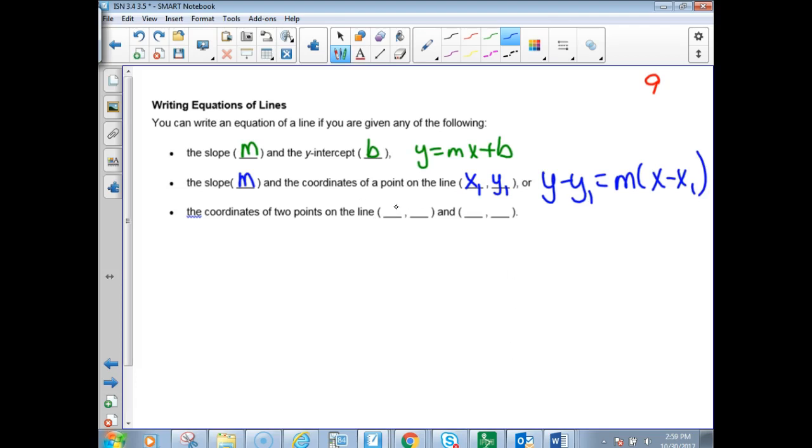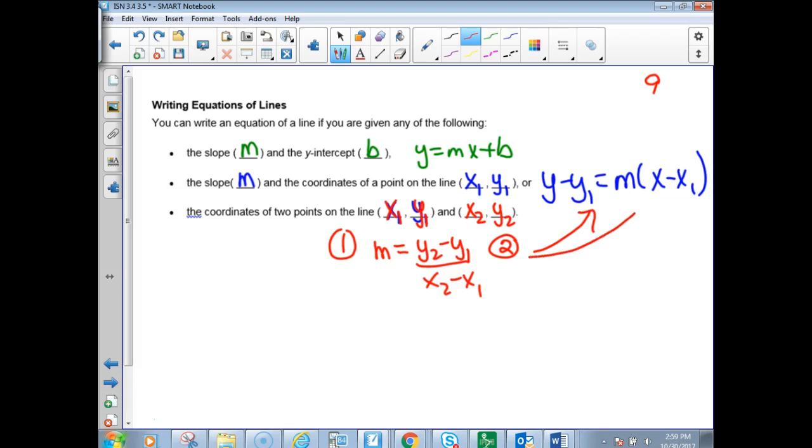Y minus y1 equals m times x minus x1. And if you're going to have the coordinates given to you of 2 points, x1, y1, and x2, y2, that's 2 different points. You would start off first by finding the slope using y2 minus y1 over x2 minus x1. That would be step 1. And then step 2, you would substitute it into that formula right there.